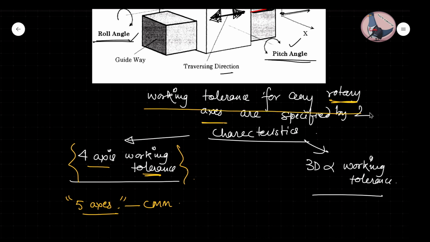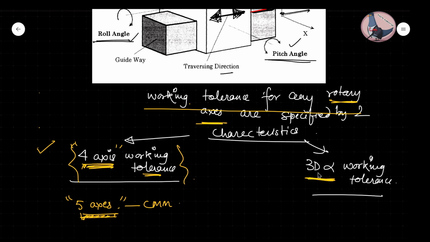In options they can put: what is the working tolerance of any rotary axis, and then options such as 2 axis, 3 axis, 4 axis, 5 axis. Somewhere in a book or notes you might read about the 5 axis CMM, you will get confused and mark it, which is not true. This is 4 axis working tolerance. And the second one is your 3D alpha.